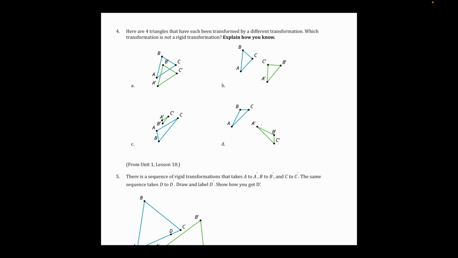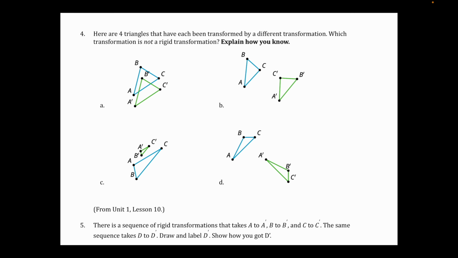So question 4 is some multiple choice here. We have 4 triangles that have each been transformed by a different transformation. Which transformation is not a rigid transformation? So I know that a rigid transformation is either a, let's see, rigid transformation, I'm going to underline this.